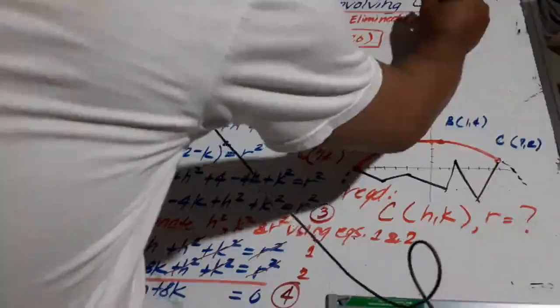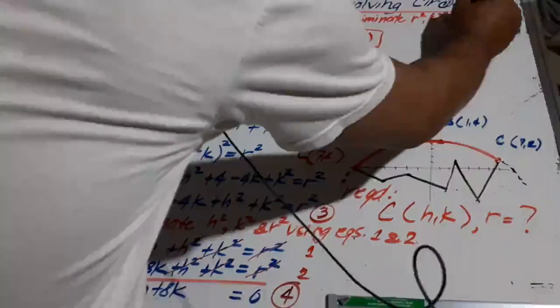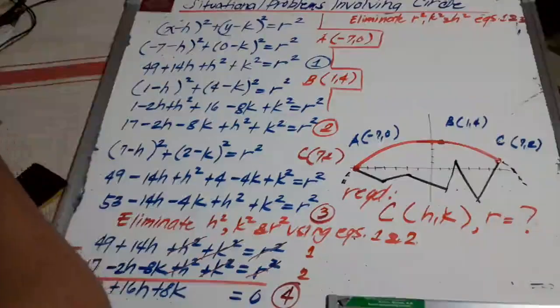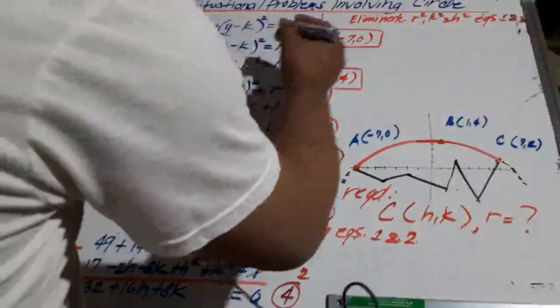Yung 1 and 3 natin, we have 49 plus 14h plus h squared plus k squared equals r squared.